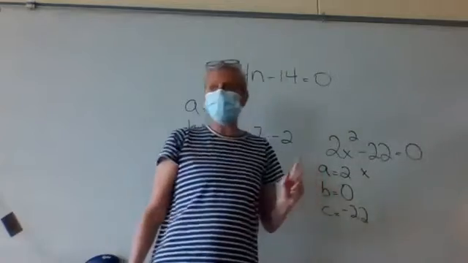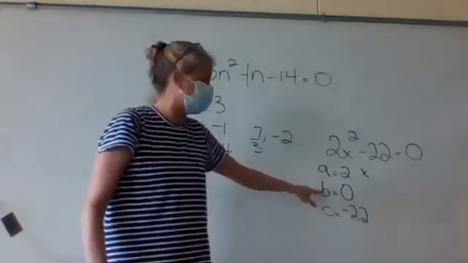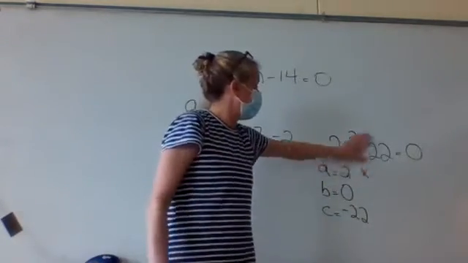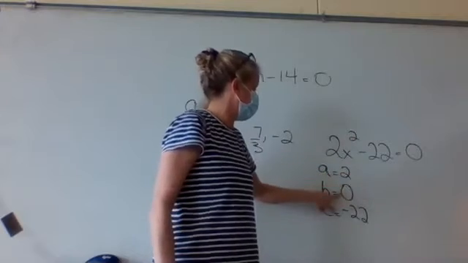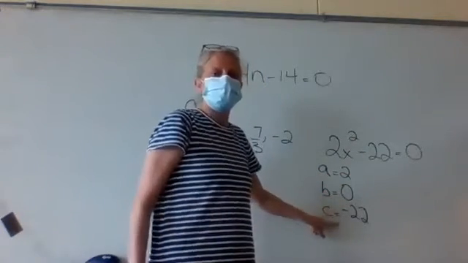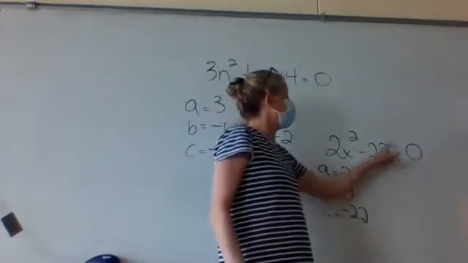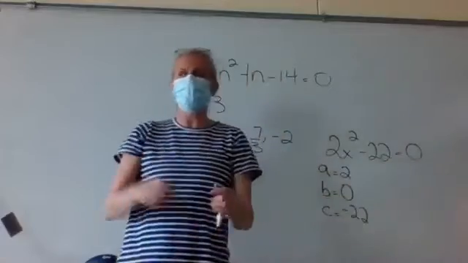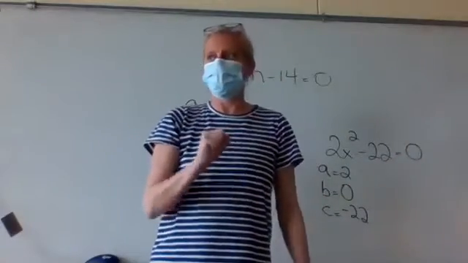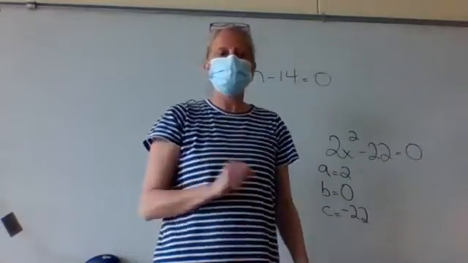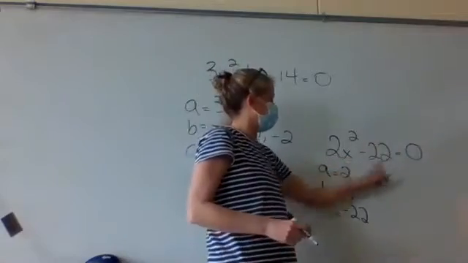You have to put in a number for the B though. So if there's not an X, you put in a 0 for it. Gotcha. Yeah, because your C always has to be the number that doesn't have a letter hooked on it. That has to be your C. So here's the number without a letter on it.